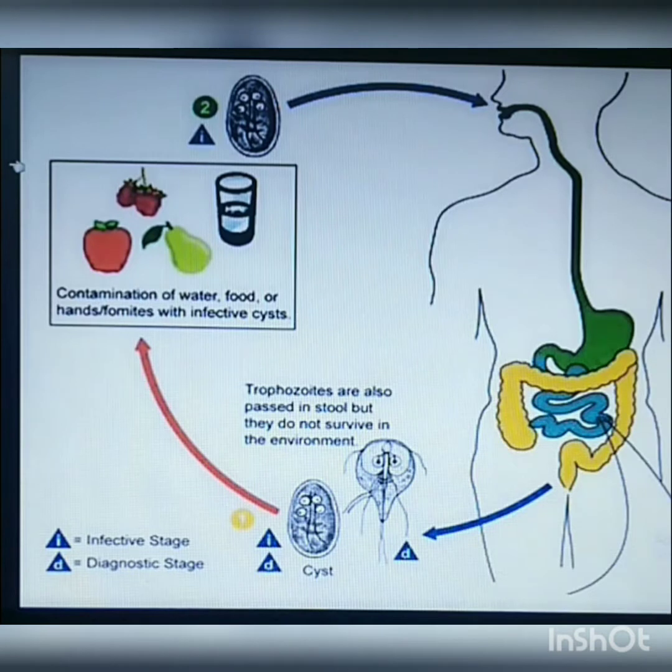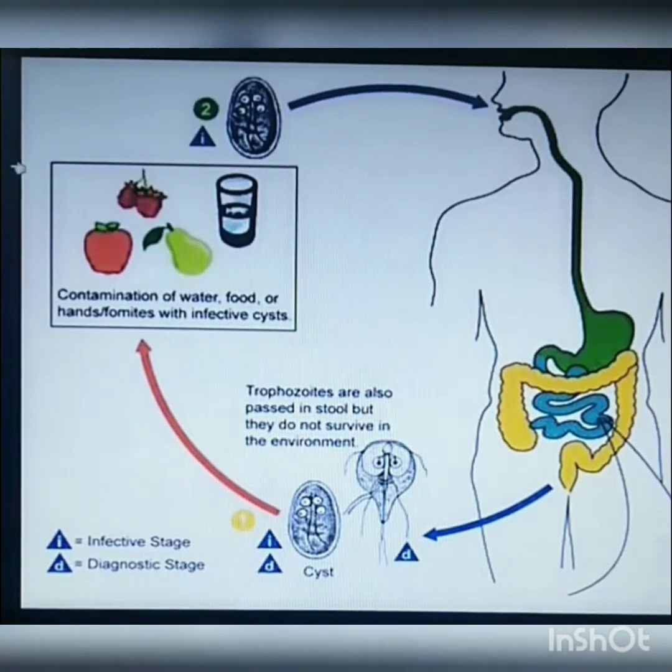Trophozoites are also passed in stool, but they do not survive in the environment. Those are all the causes of diarrhea.